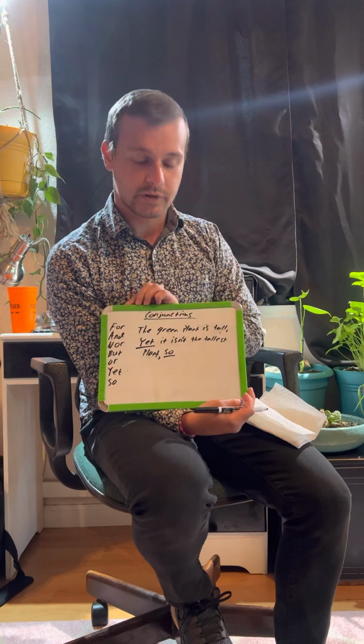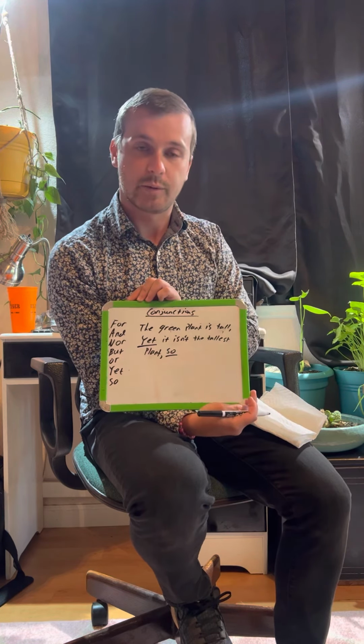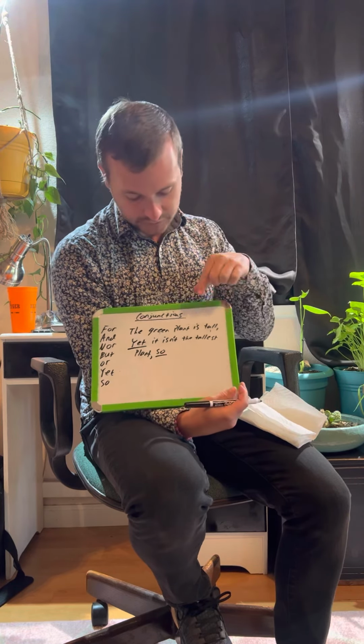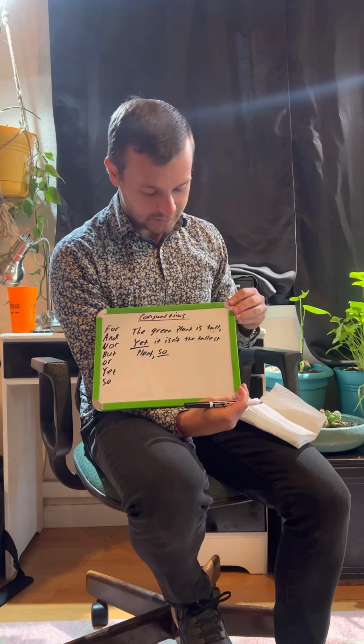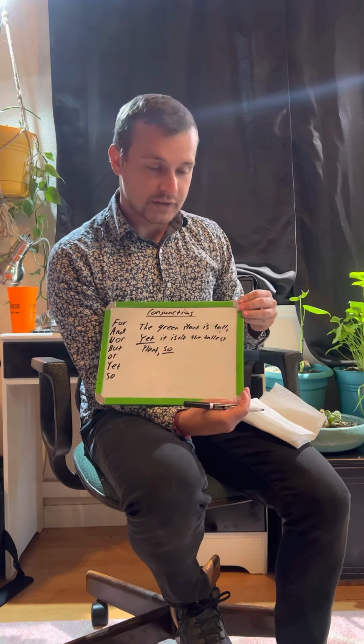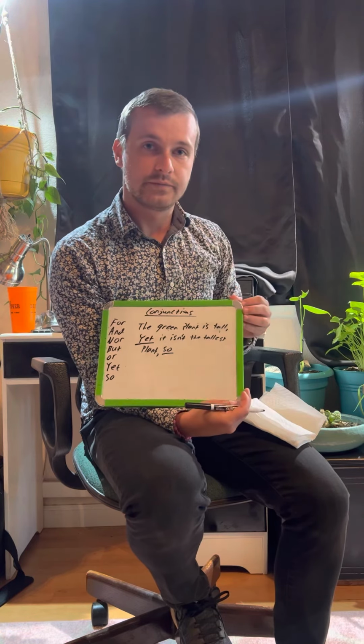It's a great fanboy because you can expand on any thought that you've got going. I'm a big fan of using this one in sentences like this because you've explained something, you've described your plant, you've specified and expanded your sentence to make it more descriptive, but now you can keep on going, right? So for me, the green plant is tall, yet it isn't the tallest plant.